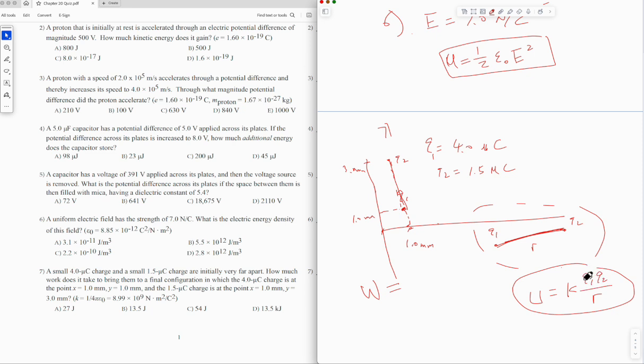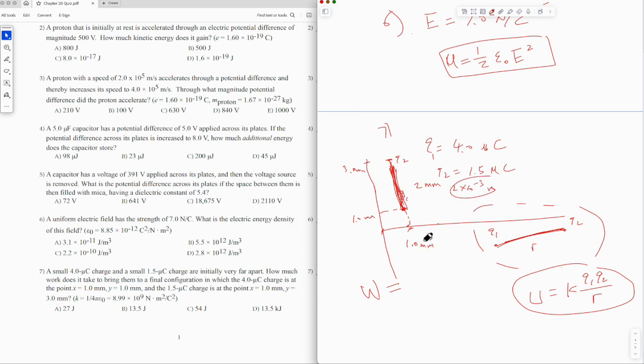So here you see Q1 here, Q2 here. What's the separation? The separation here is 2 millimeters, so 2 times 10 to the negative 3 meters. That's the separation.